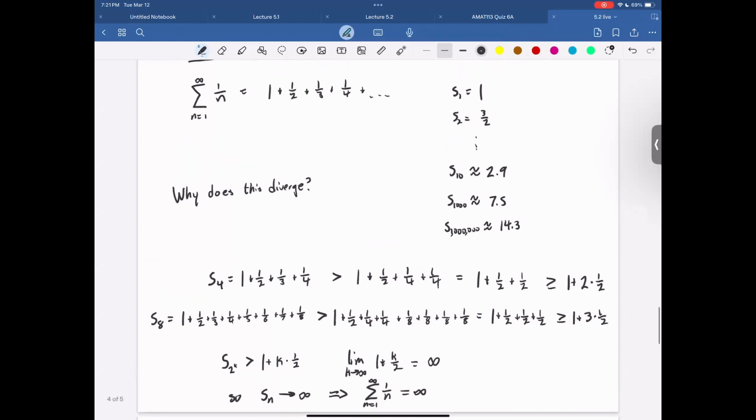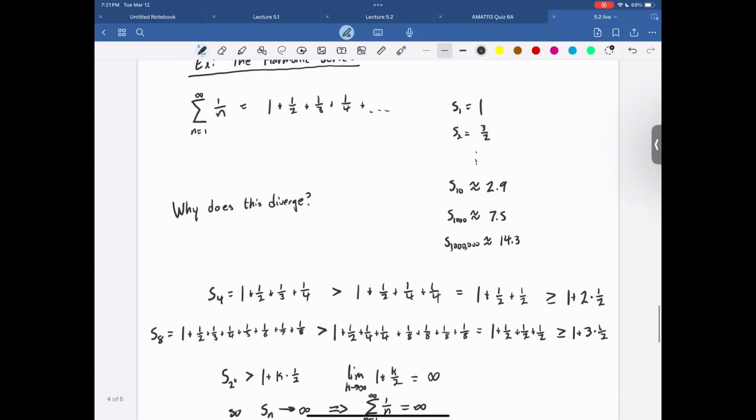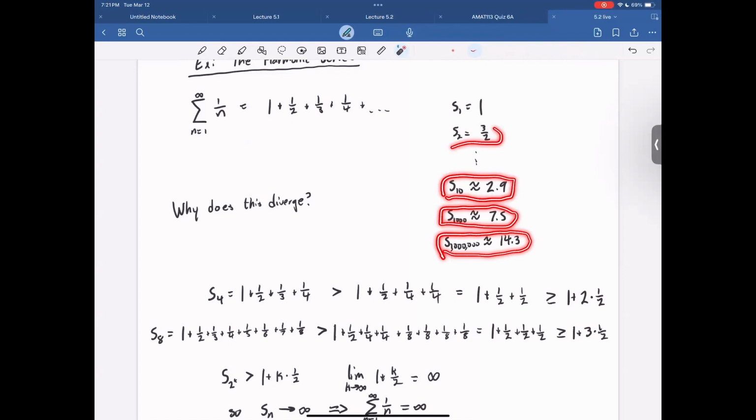It's really wild to think about, because if you look, these things are increasing so slowly. You wouldn't think they would ever go anywhere. But it turns out if you make your partial sum large enough, have a large enough number of terms, then it will in fact diverge.